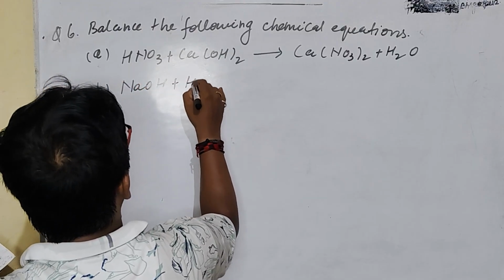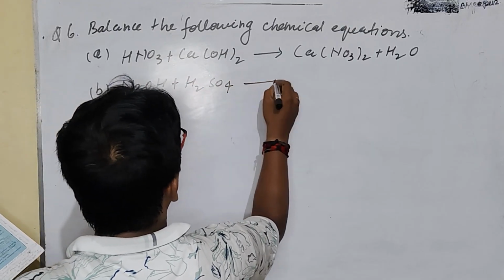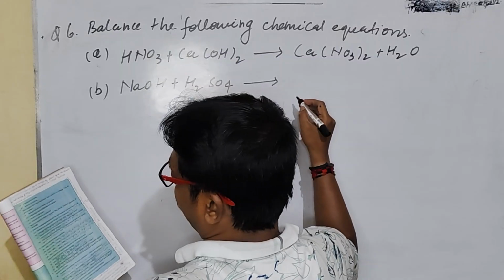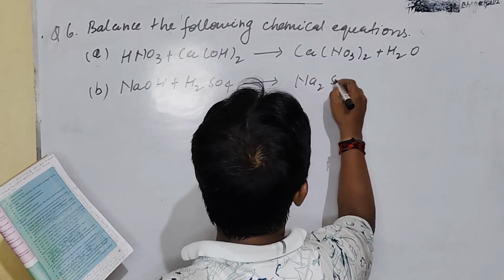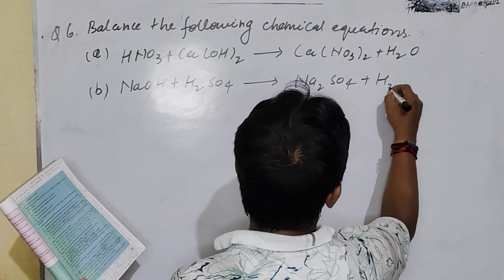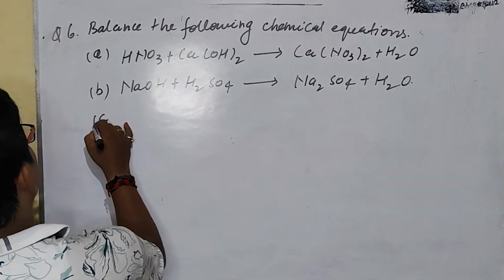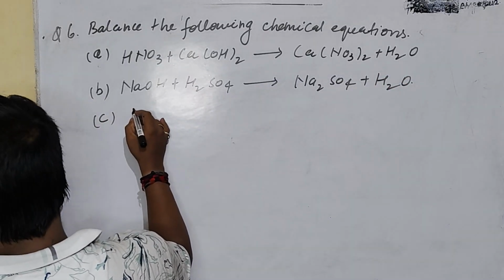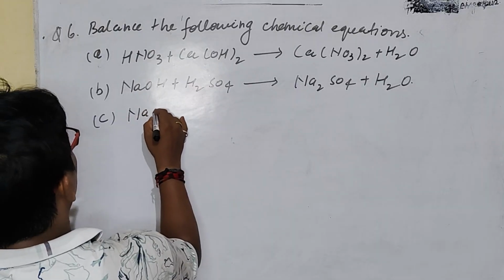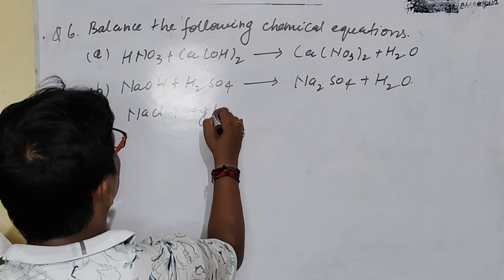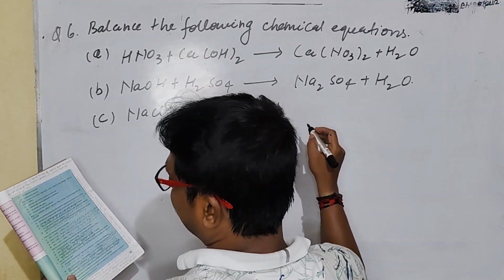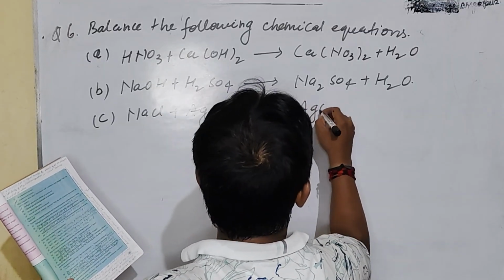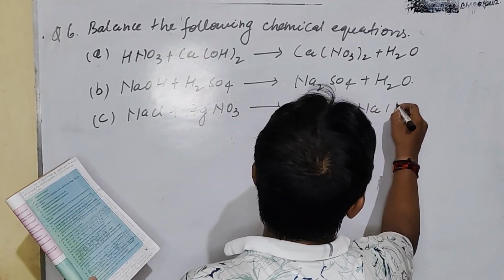NaOH plus H2SO4 gives Na2SO4 plus H2O. Next is C number, NaCl plus AgNO3 gives AgCl plus NaNO3.